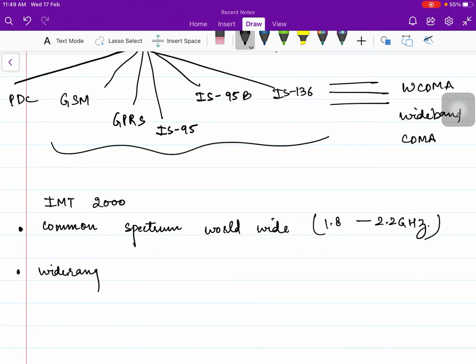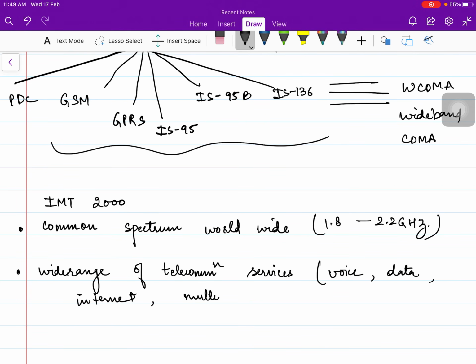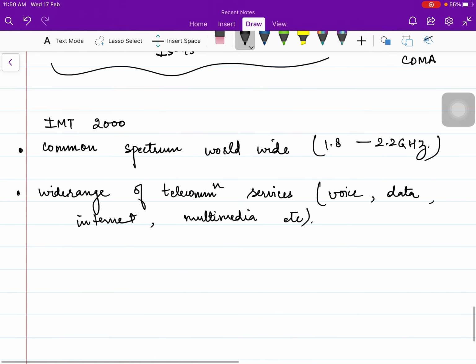Now everything is included, from data, from voice transmission, from music, from internet. You have voice, data, internet, multimedia. You can transmit anything now. And the data rates were also increased, up to 2 Mbps, which were suitable to transfer any of these signals.